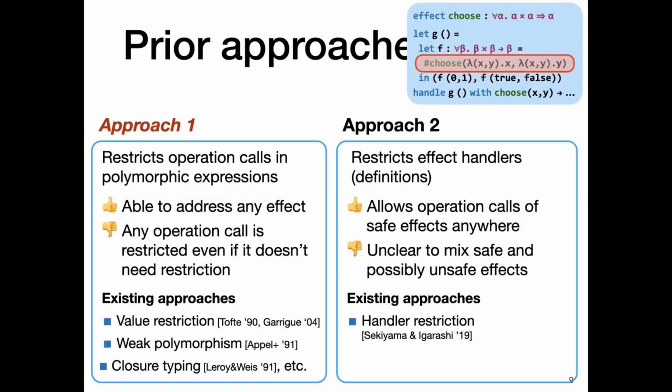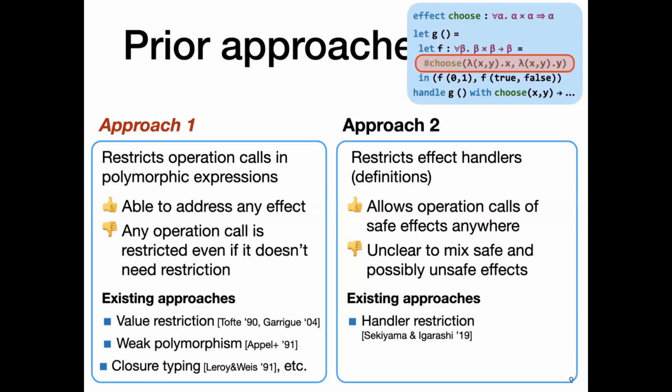An advantage of these approaches is that they can address any effect, including ML-style references and control operators. However, a disadvantage of these approaches is that they impose a restriction on any effect call.